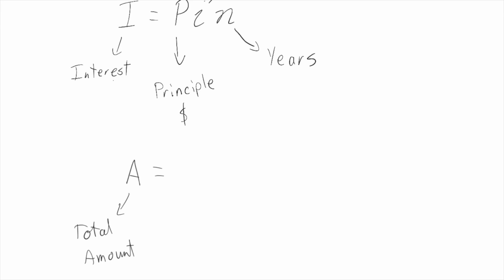And our total amount is going to be equal to our interest plus our principal. So the I and the P, we reuse them from our original simple interest formula, and we add them together to get our A, total amount. So make sure you have those two formulas written down, and we'll get into an example right now.